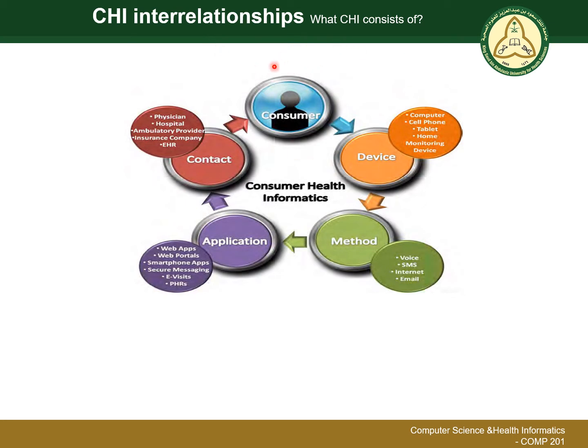So the main components, we have first the consumer, device, method, application, and contact. So the consumer with his device, computer, cell phone, tablet, home monitoring devices, and using various methods like voice, SMS, internet, or email, and through different applications, web apps, web portals, smartphone apps, secure messaging, electronic visits or e-visit, and personal health records.